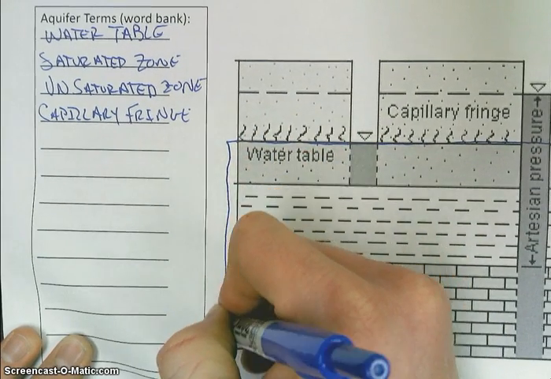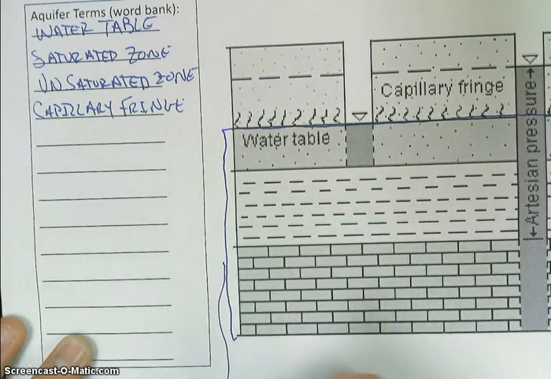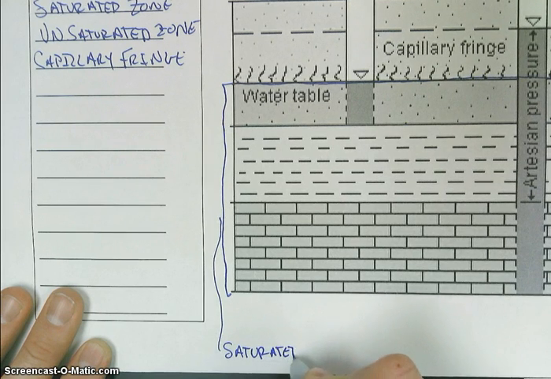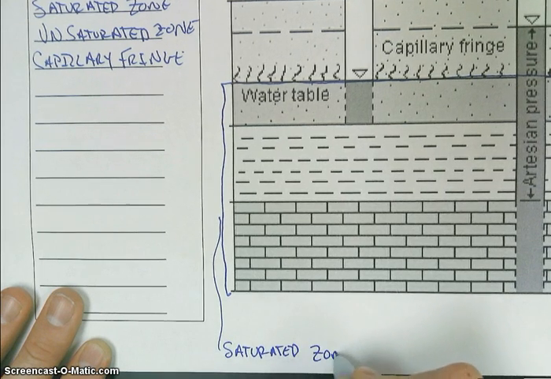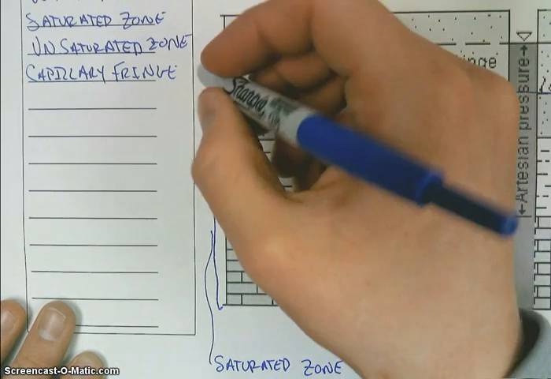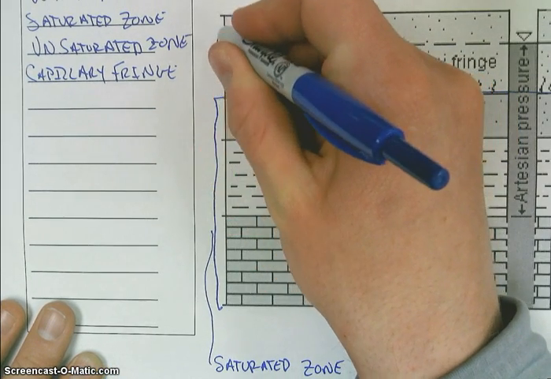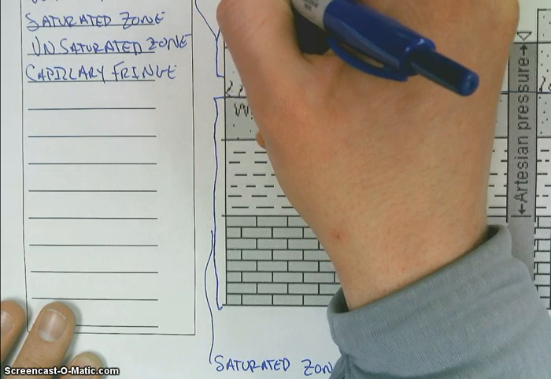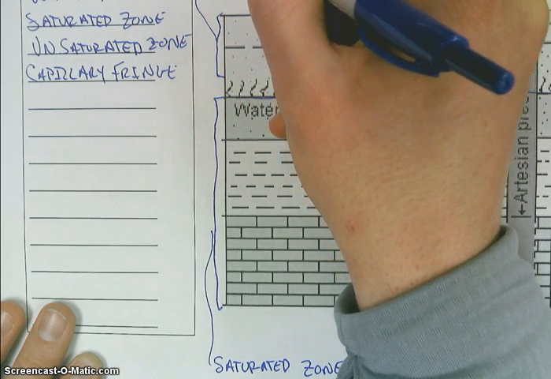The water table says that everything below it is considered saturated zone. Everything above that is considered unsaturated.